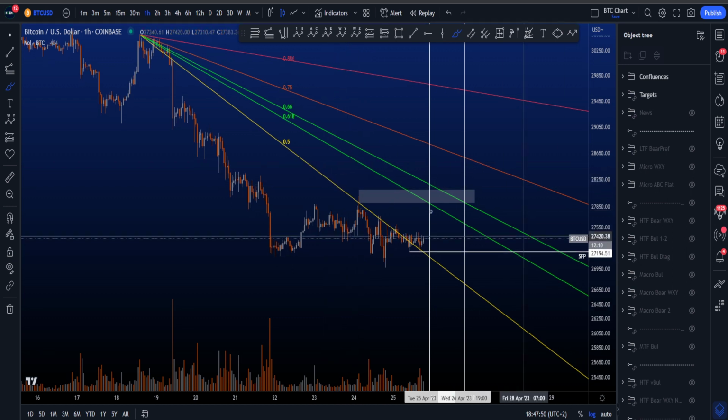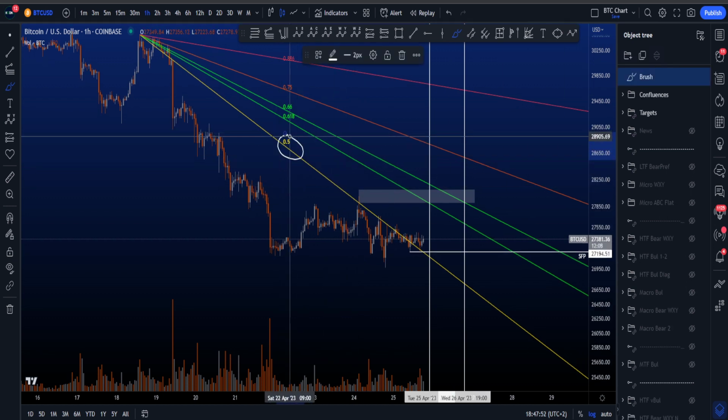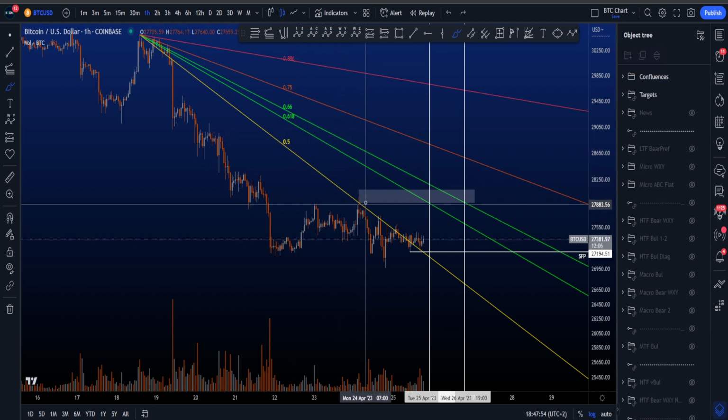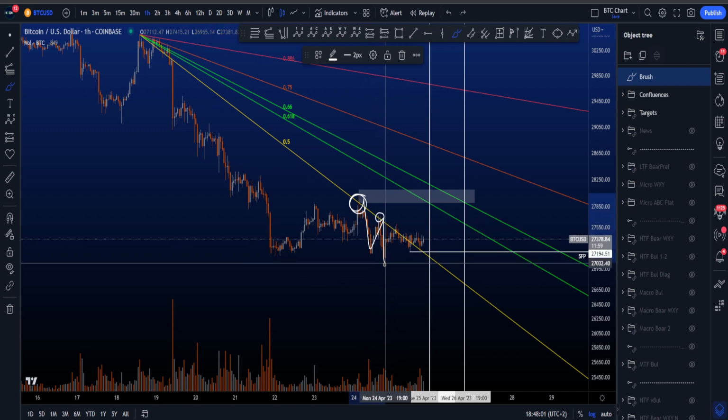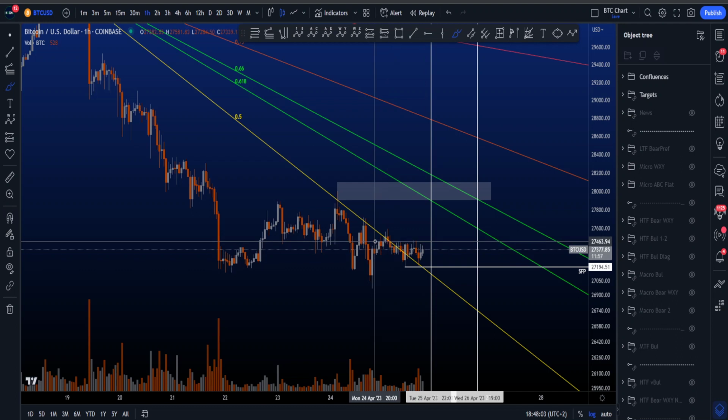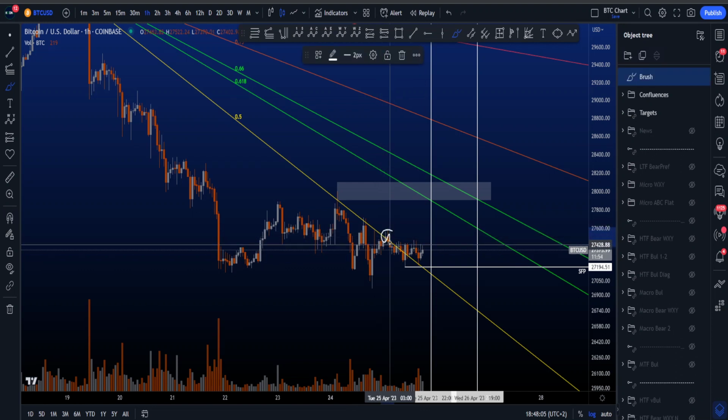So what you're seeing right now is the 0.5 line, the 0.5 fib, one can say. We first had a reaction when we hit it for the first time, moved to the downside, went up, hit it again, moved down once more, and then for the third time we started to range right on top of the 0.5.